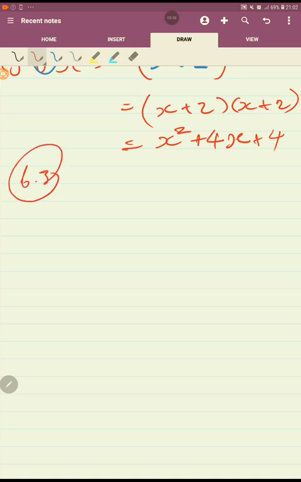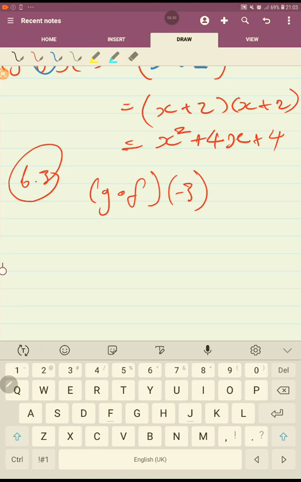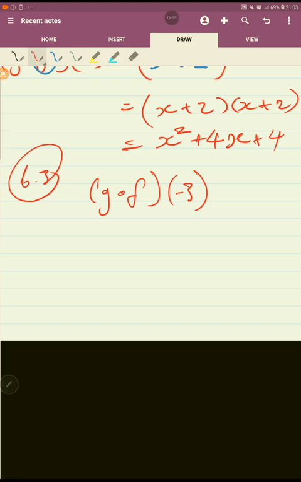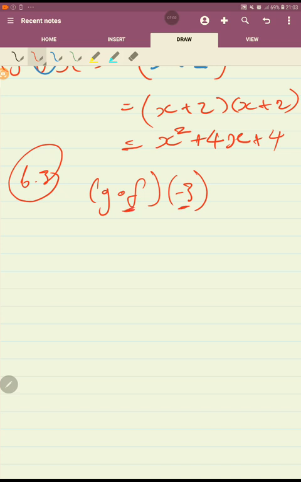We have 6.3. So 6.3 we have g of f at negative 3, meaning that we are going to evaluate at negative 3.